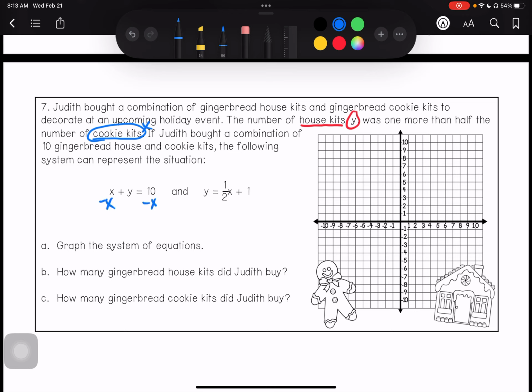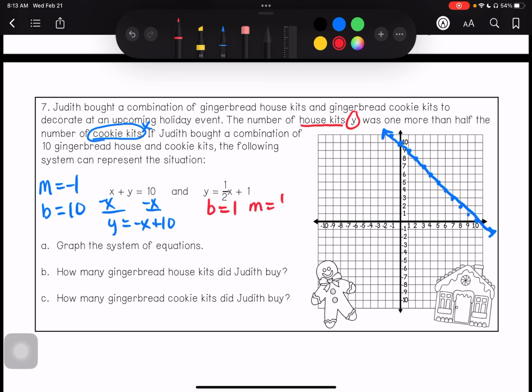Put this in slope-intercept form, which is y equals negative x plus 10. My slope is negative 1. My y-intercept is 10. So from 10, go down 1 to the right 1, or up 1 and to the left 1, and draw your line. And for the second equation, my y-intercept is 1.